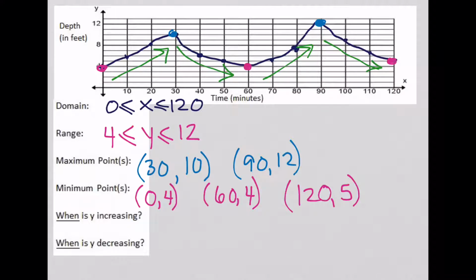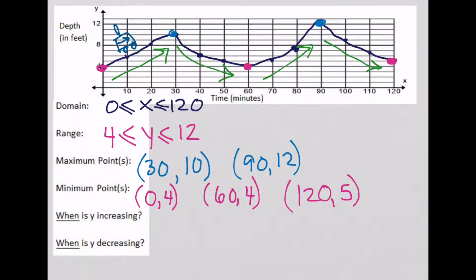We're going to answer the question, when is y increasing? Well, we're going to look up at this graph where I have those green arrows. When y is increasing, that's when the arrow is going up. That's when this function is getting bigger. In other words, it's when the roller coaster is going up the hill if we're traveling from left to right. So this function is increasing.